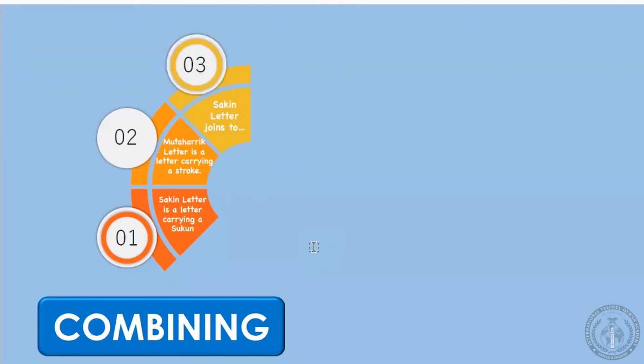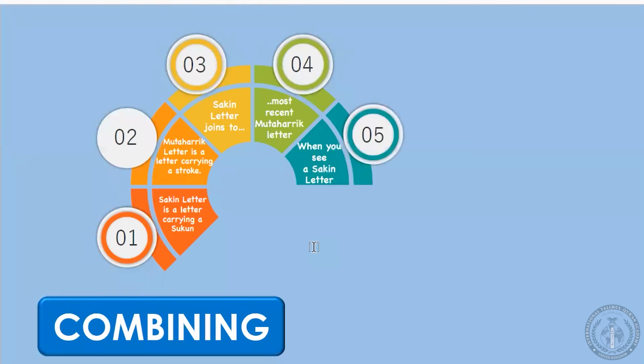So then what you need to do is join the sakin letter to the most recent letter previous to it that is a mutaharrik letter. Or I could say the schoon letter needs to join a voweled letter, so the letter that has a stroke.